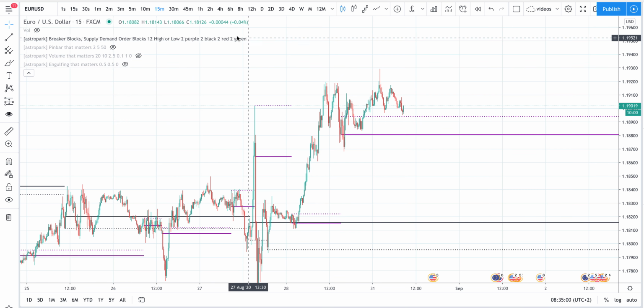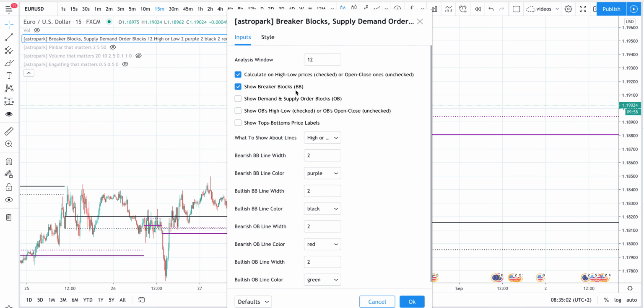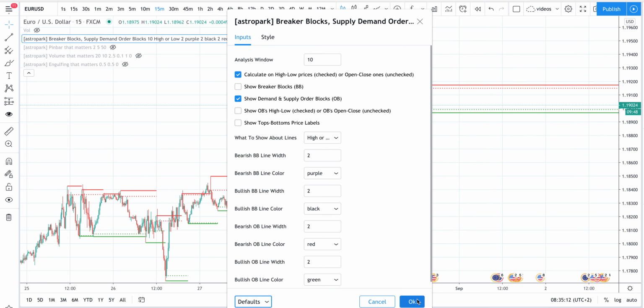Let's see supply and demand here. How does it work? I restore default settings to be sure.